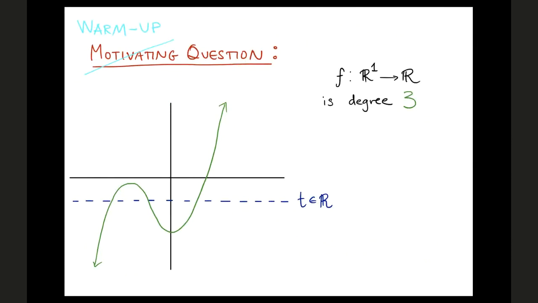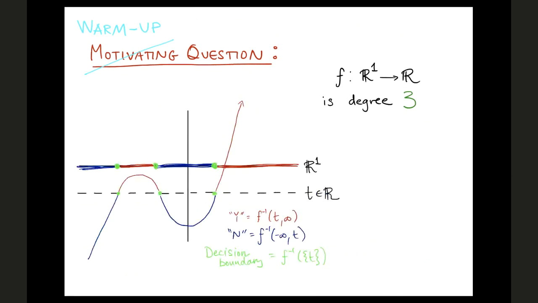So if you have a degree 3 polynomial, well, its derivative is degree 2, so it can have at most two critical points, a maximum and a minimum in this case. So there exists a choice of threshold such that it separates that maximum and the minimum. And so for that choice of threshold, the decision regions are interesting topologically. This is just a one-dimensional example, but you can see the yes region and the no region both have two connected components, and one is bounded and one is unbounded.